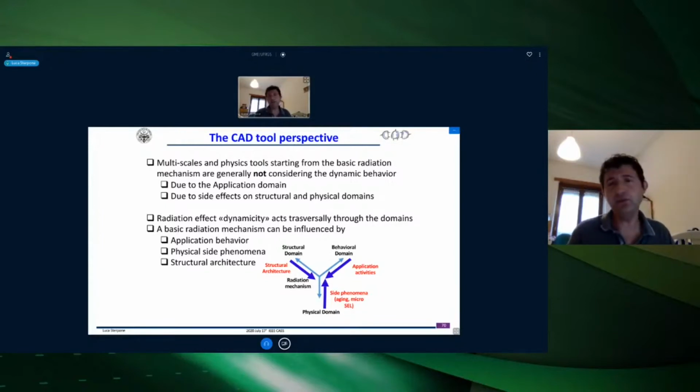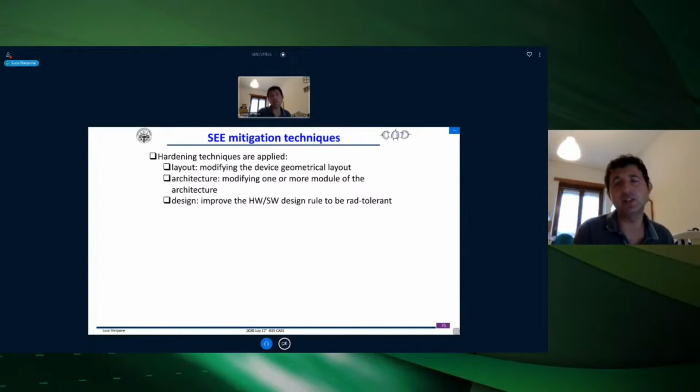If we are able to put together the application probability of having an error, given the radiation environment, if we are aware of the physical side of the phenomena, and we know the structural implementation on the FPGA, well, we are able to do a good job for COTS FPGA mitigation in space, because we understand effectively the dynamic scenario of the radiation that we will have on the FPGA. So the mitigation techniques here are, let's say, quite traditional.